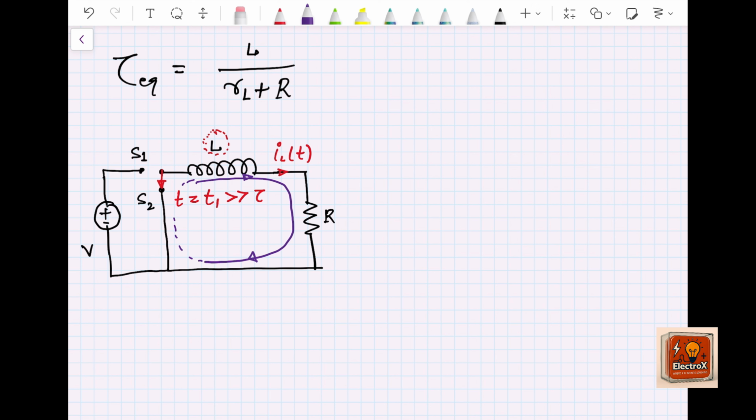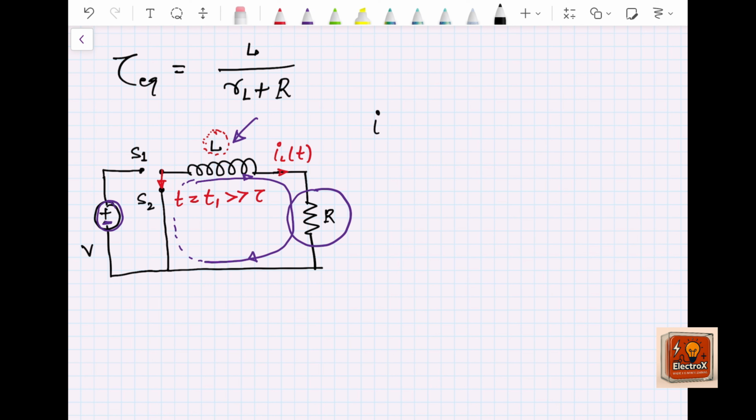But in this circuit there is no energy source, unlike the earlier case, which had a voltage source V consistently supplying energy to the inductor and the resistance. Here in the second case there is no independent voltage source or energy source; rather the inductor is behaving as an energy source, supplying energy to the resistance R. So what is the expression of the current?